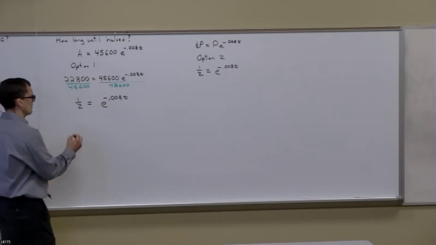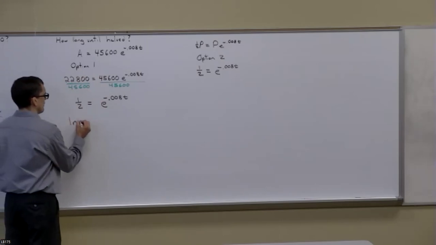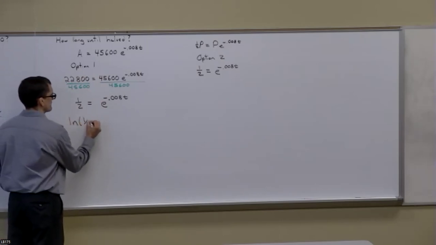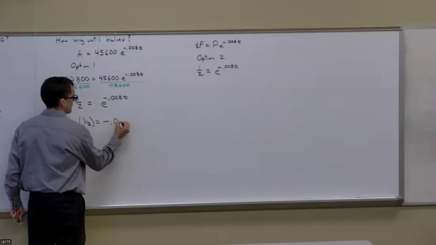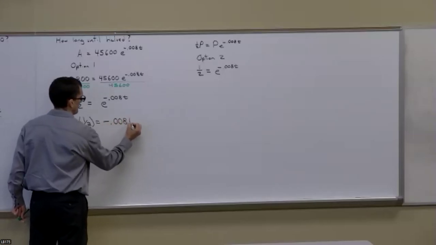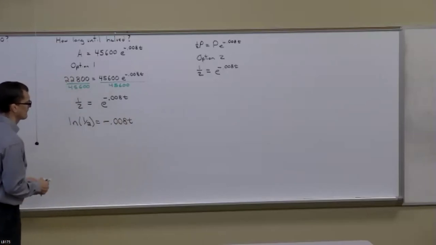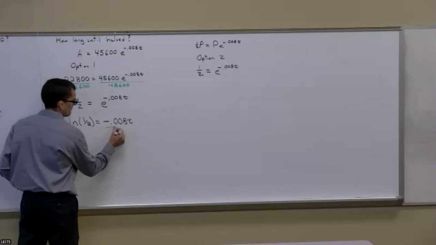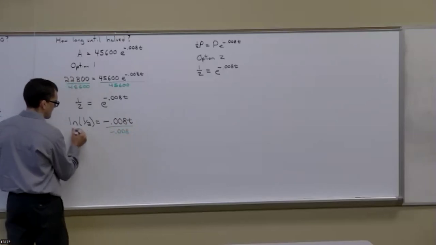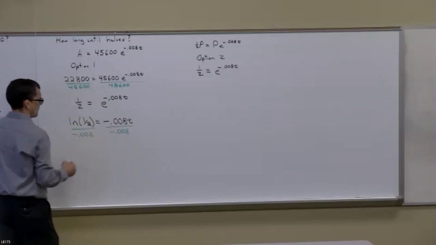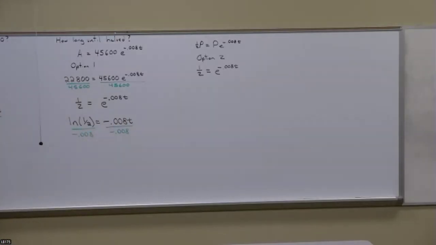I apply natural log to both sides. Natural log of a half is equal to negative 0.008 times t. And then divide both sides by negative 0.008. Again, make sure that the 1/2 is inside the argument, but the negative 0.008 is not.